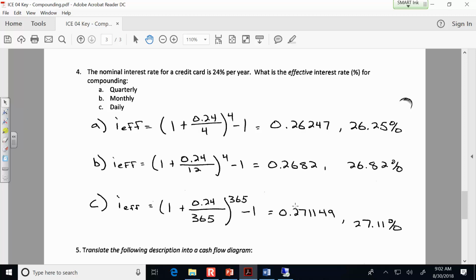And there's even something called continuous compounding, where they're compounding every second rather than on a daily basis, although the incremental amount is getting smaller and smaller. So the difference between continuous compounding and daily compounding is pretty minor, but they'll squeeze every penny that they can. So any questions on number 4?